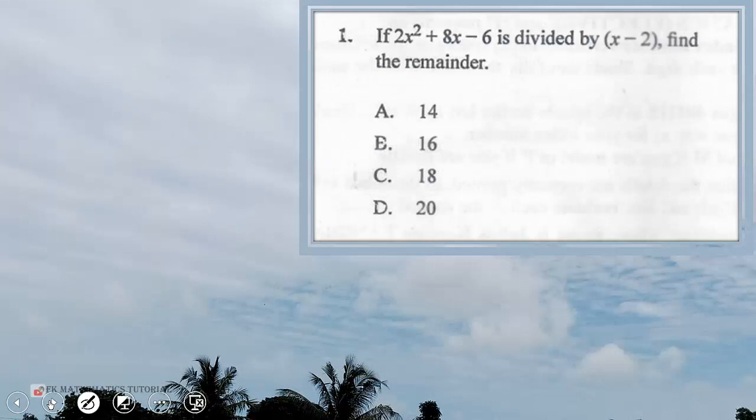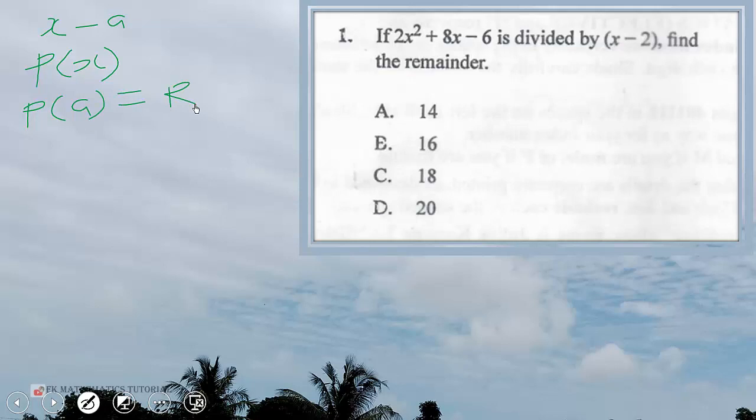If 2x squared plus 8x minus 6 is divided by x minus 2, find the remainder. So recall the remainder theorem: if p of x is divided by x minus a, then p of a will be equal to the remainder.